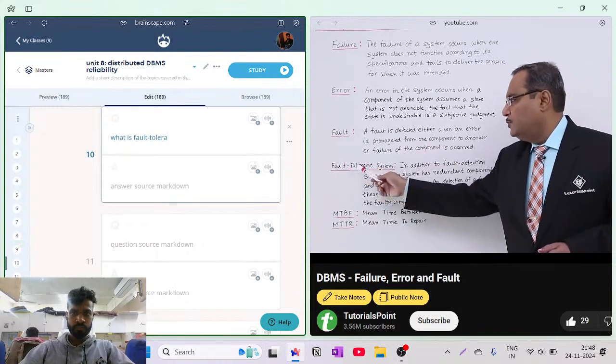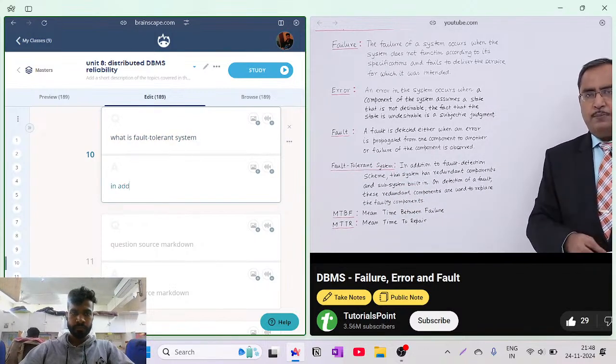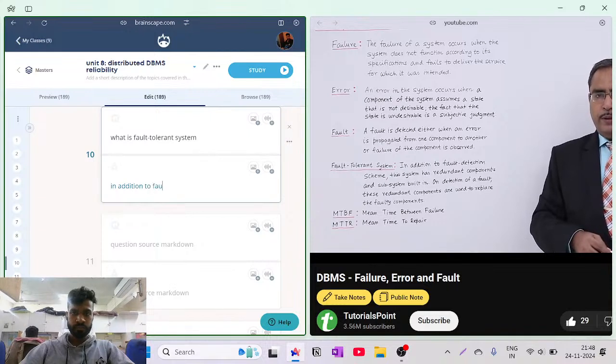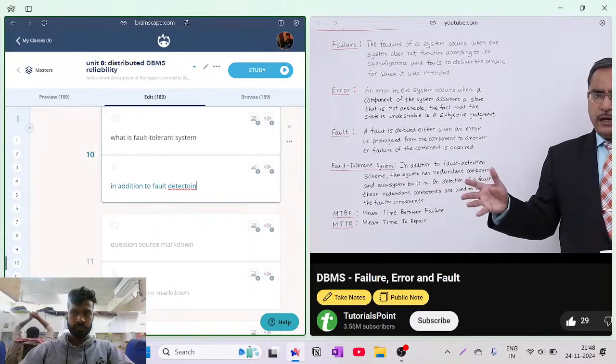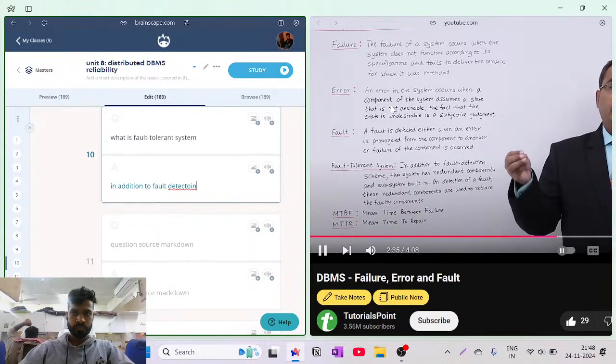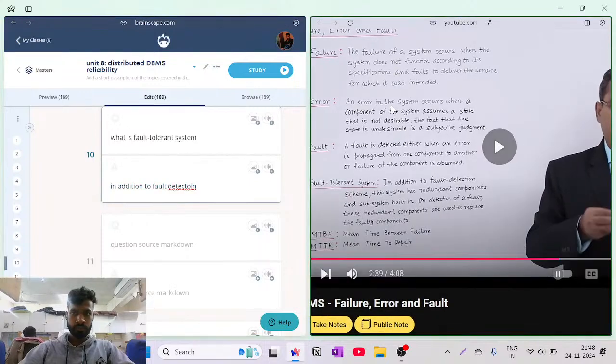Now, what is a fault tolerance system? Sometimes we introduce redundant components into a system so that whenever a component will fail, then from the redundant components we can take that component as a backup so that the system can work.